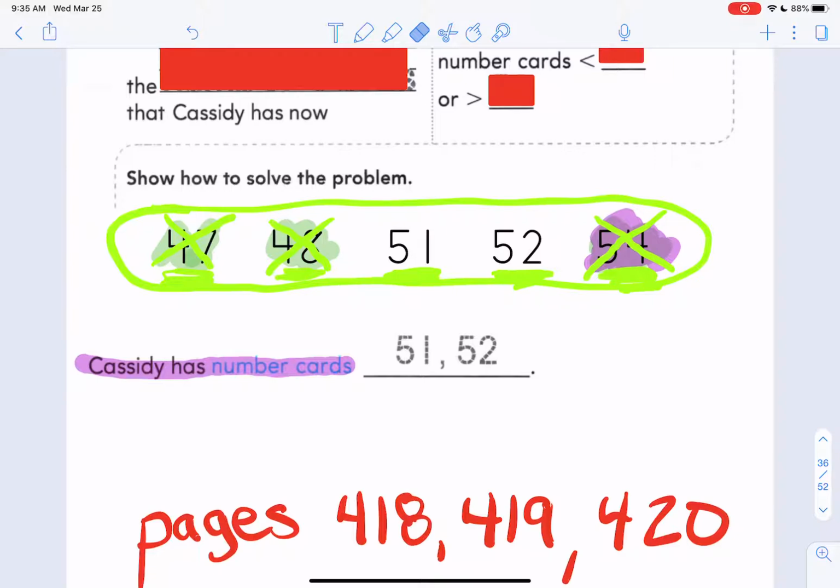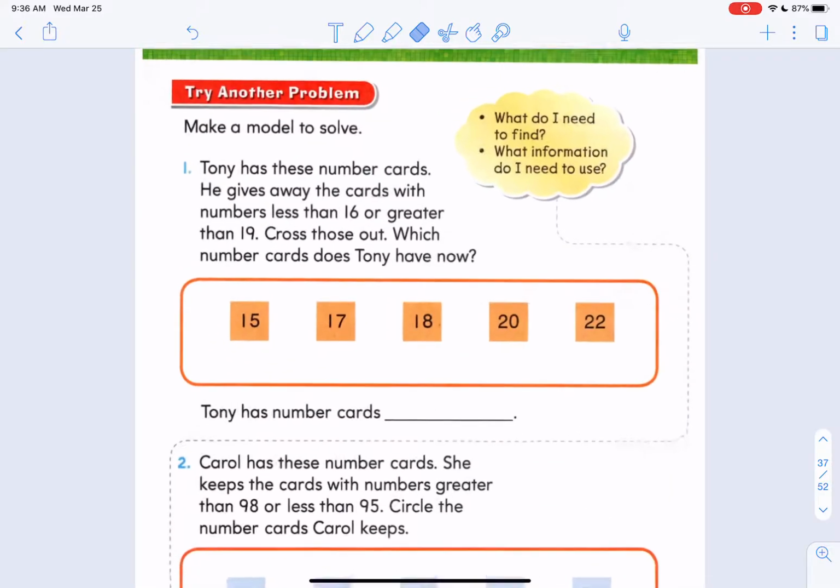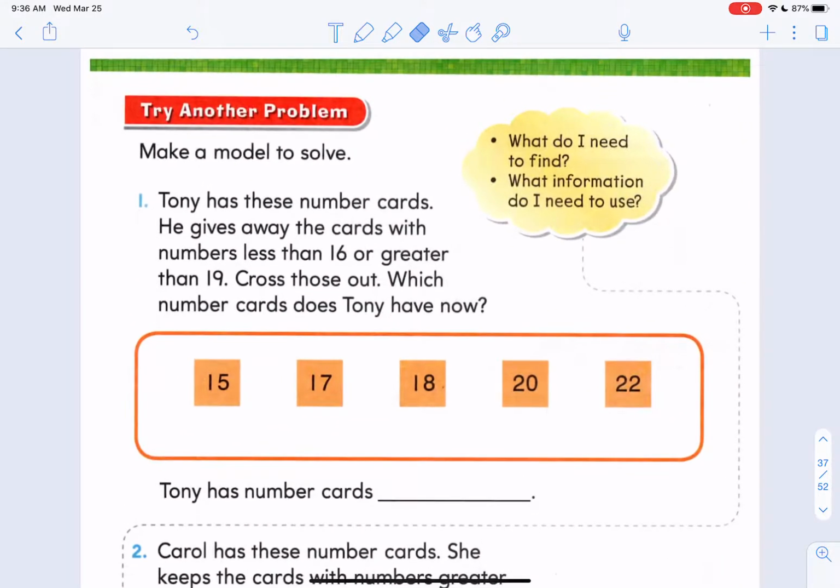Now, to help you out, you can practice with the problems on pages 418, 419, 420. And if you want, you can stop the video here and get right to work. But if you'd like a little bit of extra help, I'm going to read some of these problems to you, and maybe that will help.